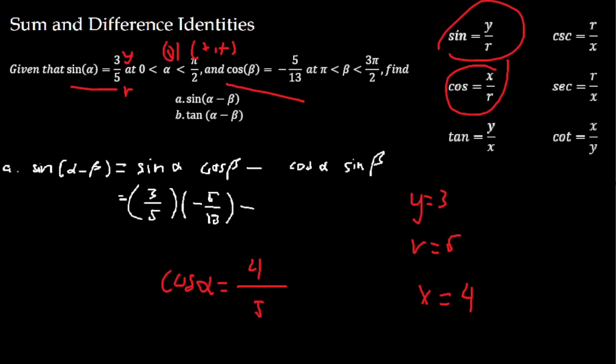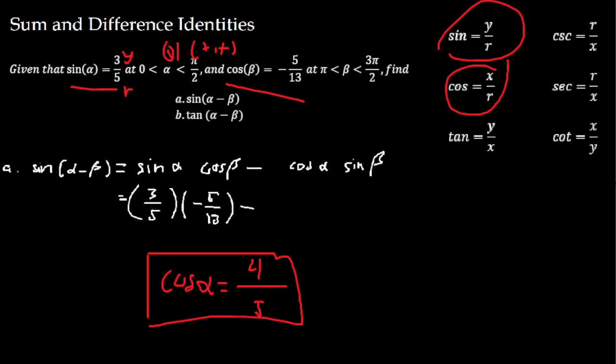Now, we know that the cosine of alpha is equal to 4 over 5. Now, we just write it here. Cosine of alpha is equal to 4 over 5.